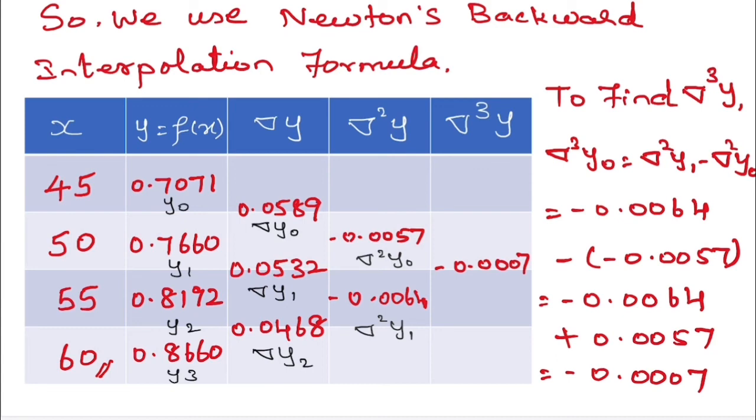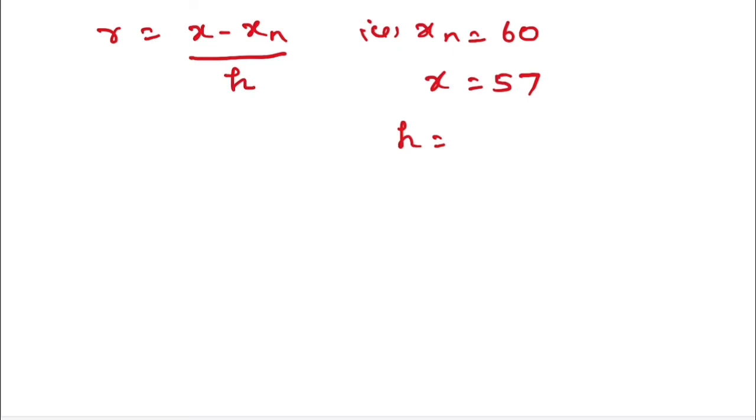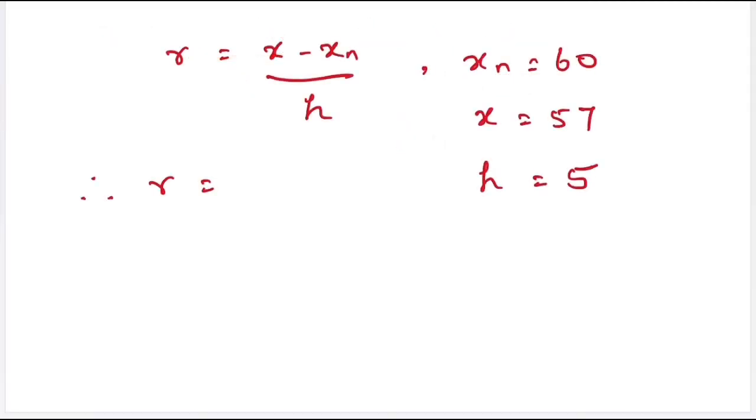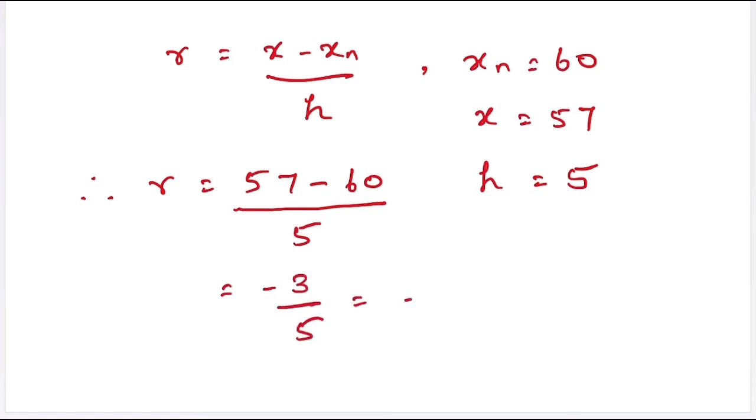So h is 5. Therefore R is equal to 57 minus 60 divided by 5, that is minus 3 by 5, which is minus 0.6.